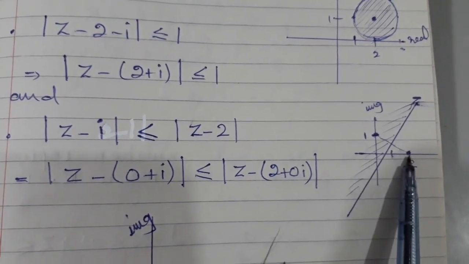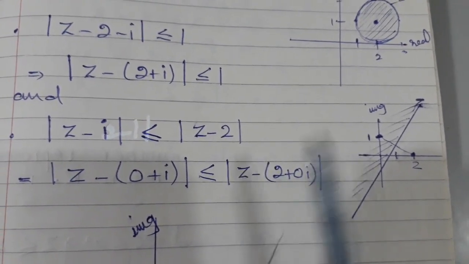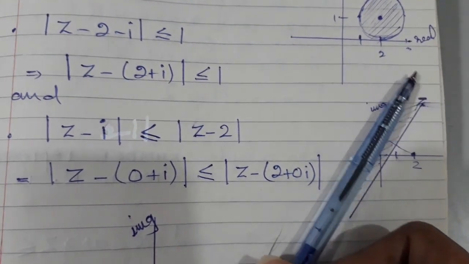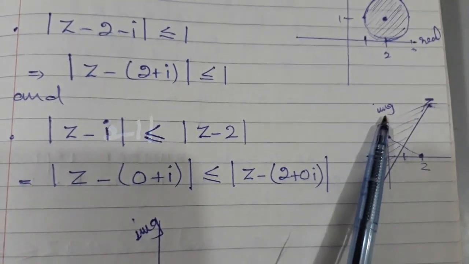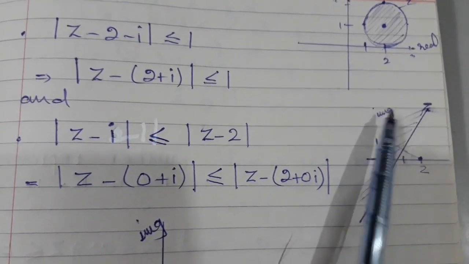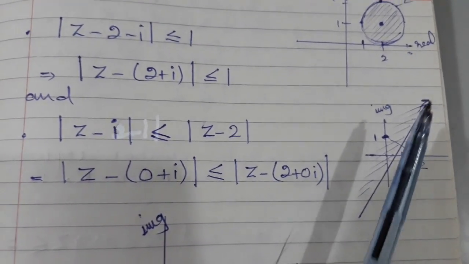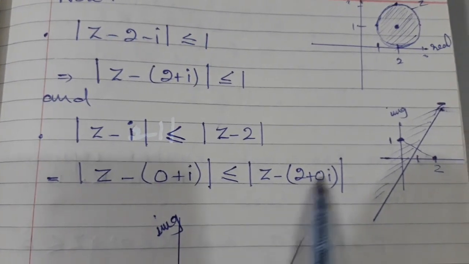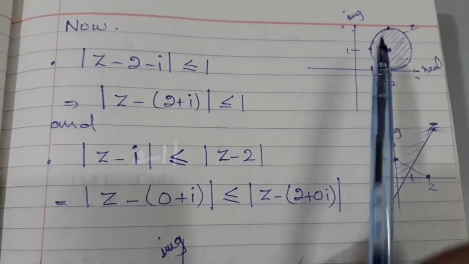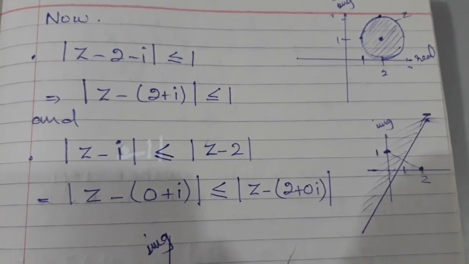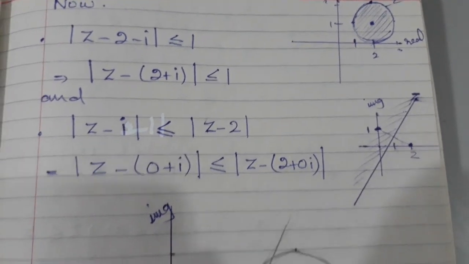So I'm away from this point, right? That's why I'm shading this side. Because if I am on this side, I will be closer to this point and away from this point. So I know that this locus means shading this side and this locus means shading inside the circle. So let's join both of them in a single diagram.